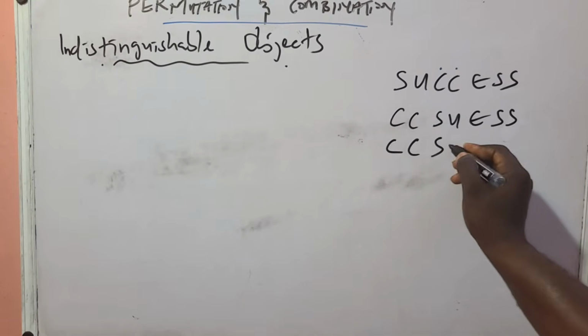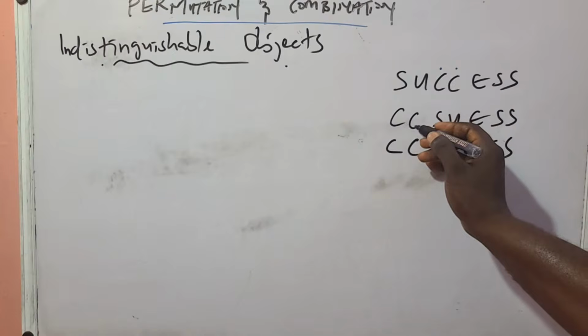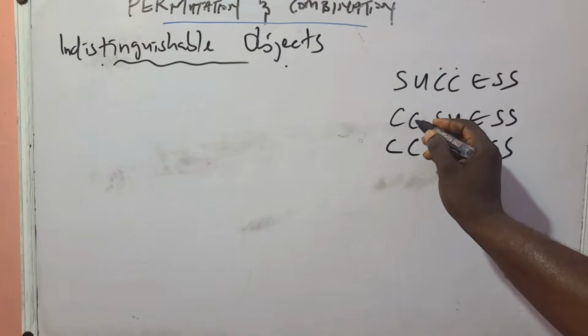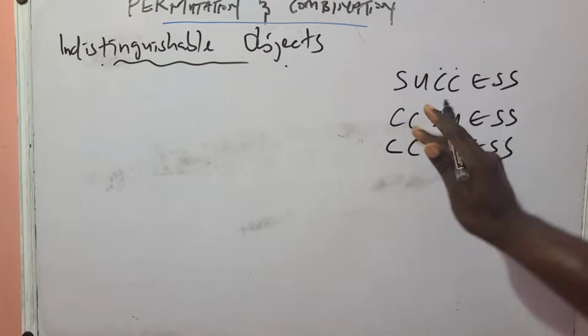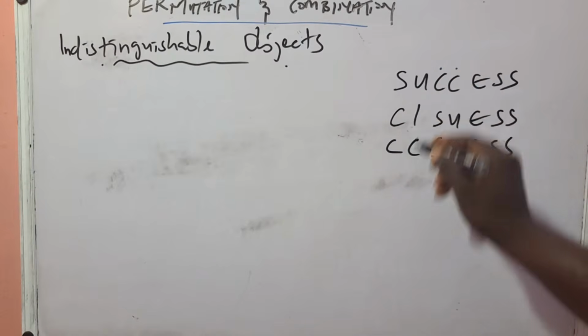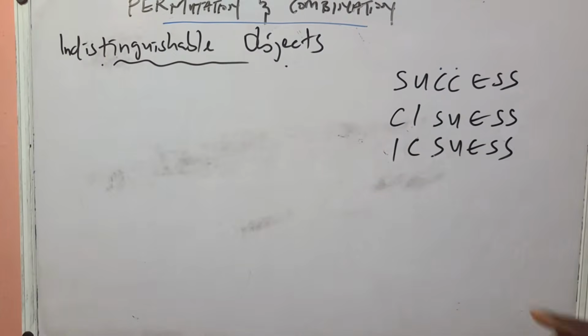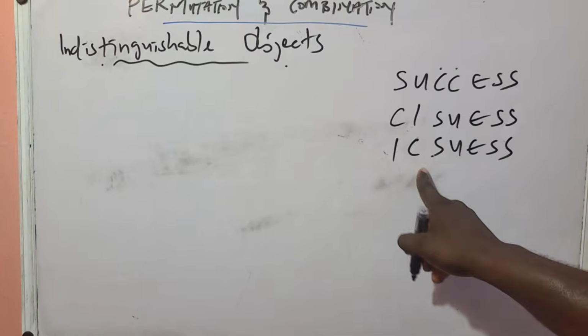And I go on and write SUESS. Of course, imagine this was not C. Imagine this second C was I. And I used I here. Look at it. CI, IC.